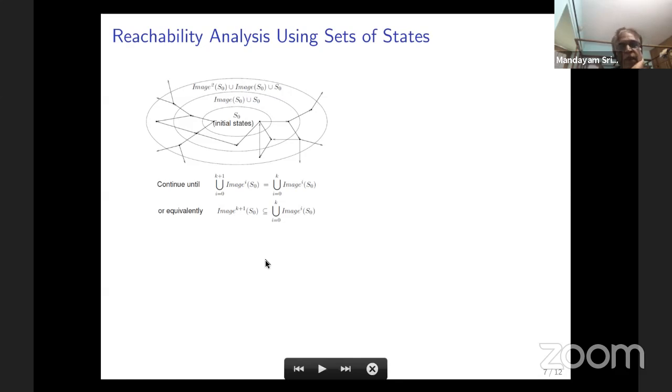This is the essential idea that we'll be using for constructing symbolic model checking algorithms. The only thing is that you will figure out how to represent the image and the initial states, etc. Some of which you already know how to represent symbolically through the exercises that you have been doing.